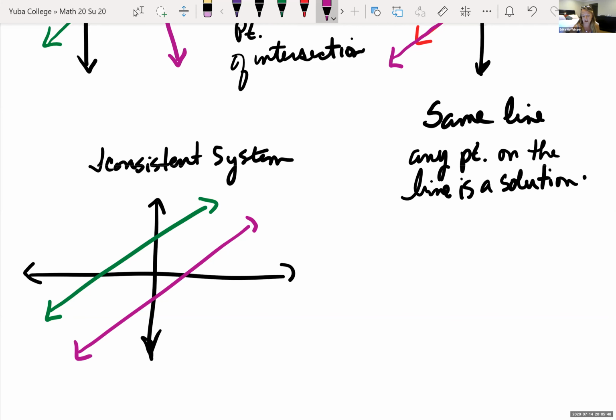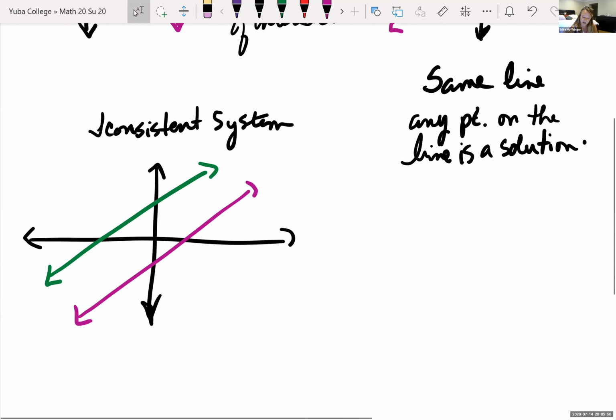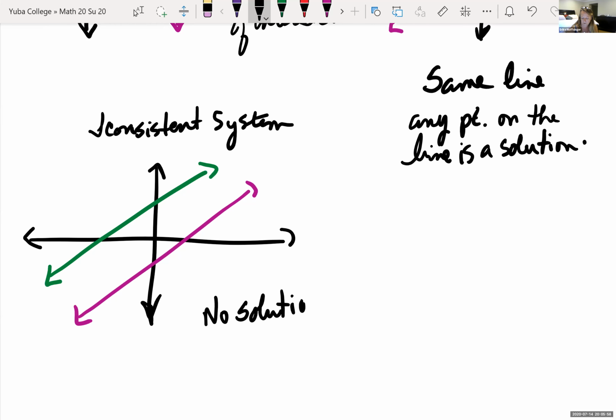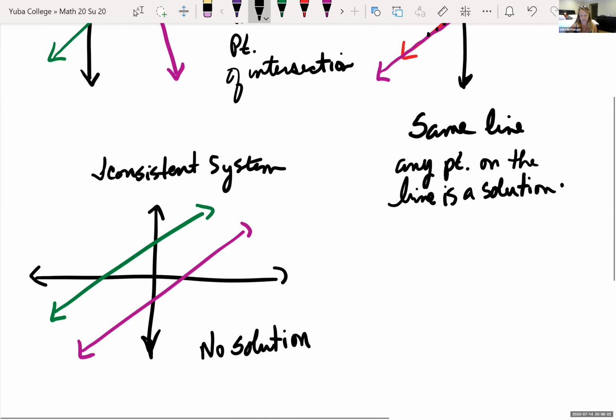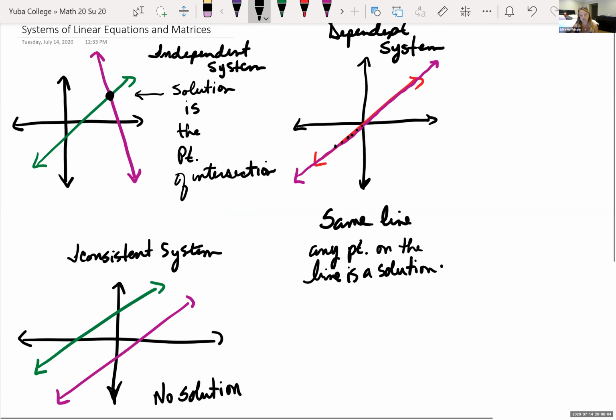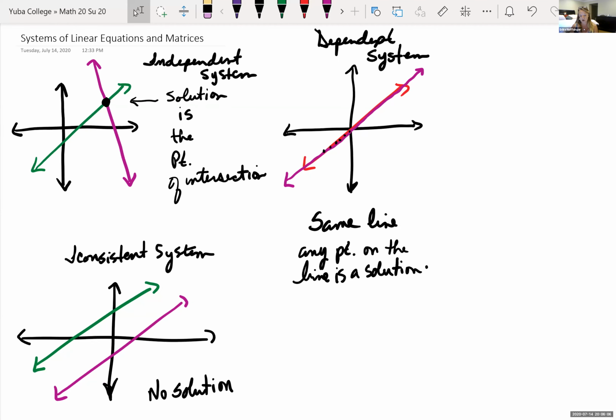And so they're never going to intersect one another. And so there's no solutions.